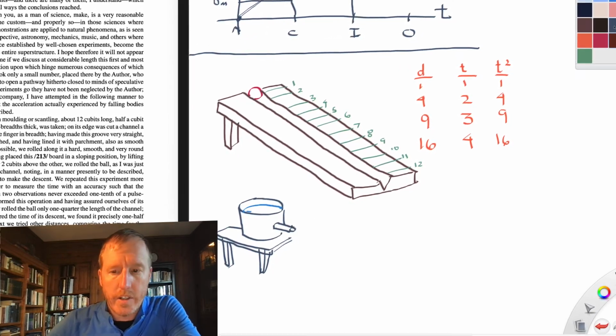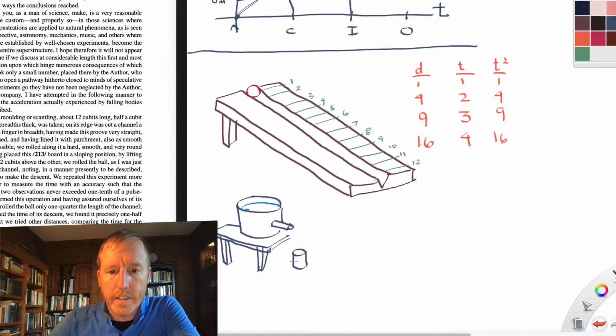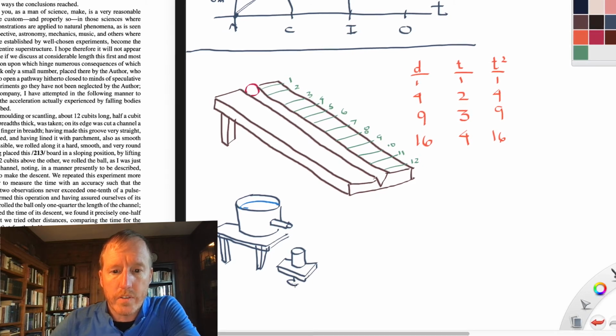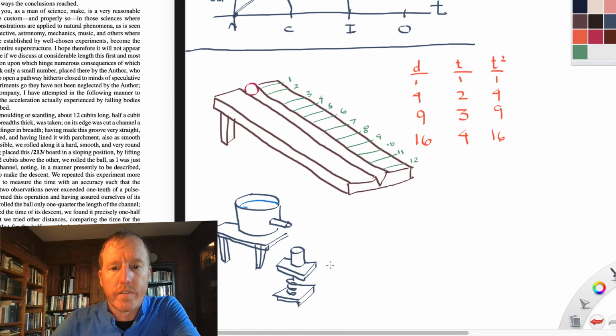And then down here you have another container. And let's suppose you put this on a scale, some kind of spring scale. I'll draw a little spring down here that measures how much weight of water there is in it. So maybe there's some kind of dial on it, and it measures how much water is in it.